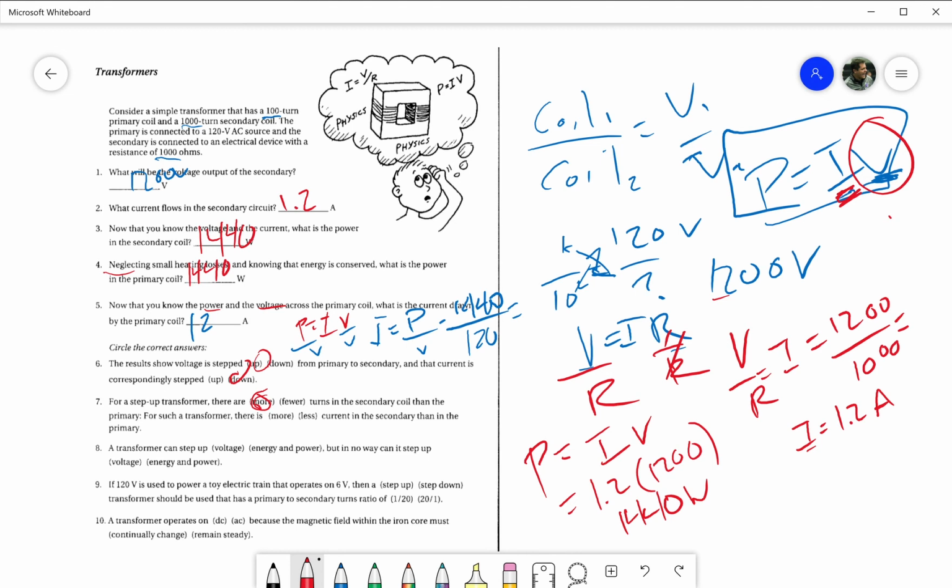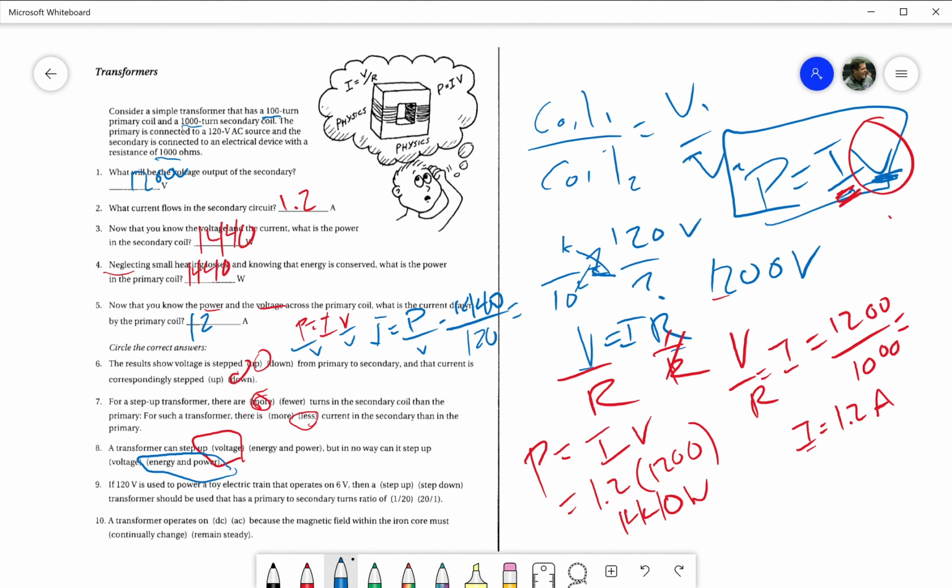For such a transformer, there is going to be less current in the secondary. A transformer can only step up voltage. We cannot step up energy and power. There's no way that you can create more energy and power. The energy and power still has to stay conserved. So that's the right answer for that one.